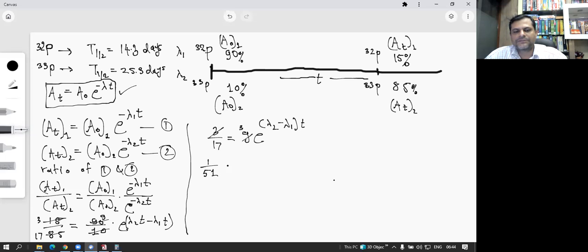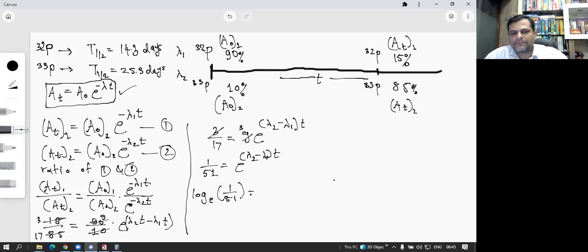Okay, so this is 1 upon 51, which is going to be equal to e raised to lambda 2 minus lambda 1 into t, and now we can just take the log on both sides to the base e here. Log to the base e of 1 upon 51.